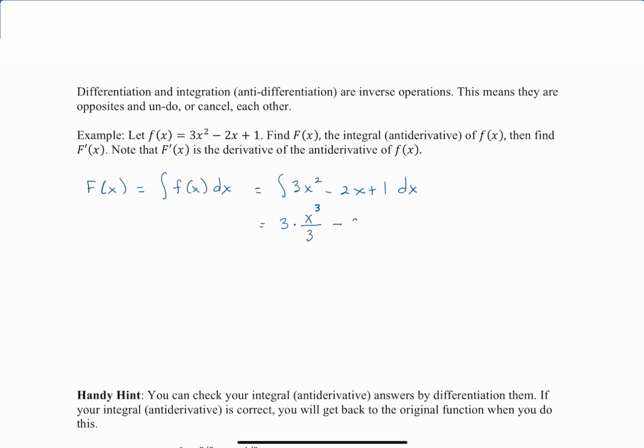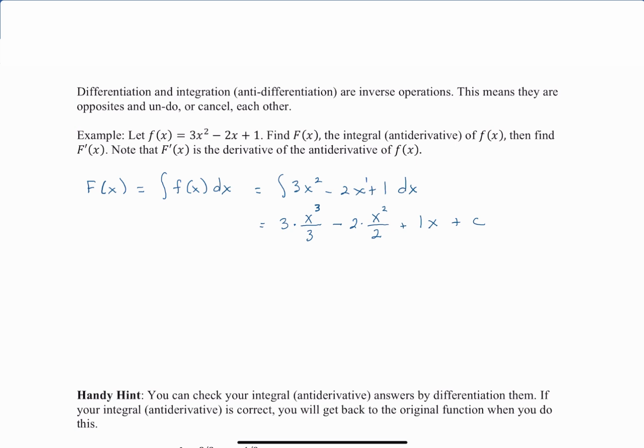I keep the constant coefficient 2. X has an invisible positive 1 exponent, so when I add 1 to that, I get a 2 exponent, and I have to divide by the new exponent. And then plus, and the antiderivative of a constant is the constant times x. Then I have a plus c.